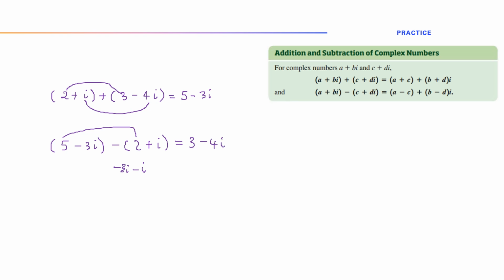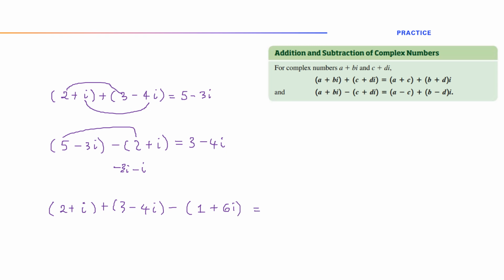So we get back to where we started. That's good, right? Let's do three terms. Let's do 2 plus i plus 3 minus 4i minus 1 plus 6i.